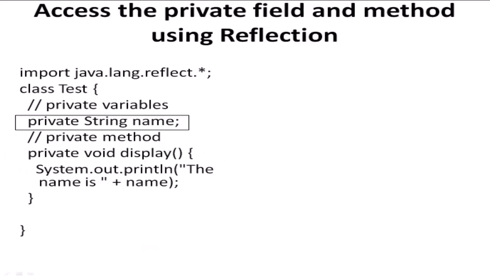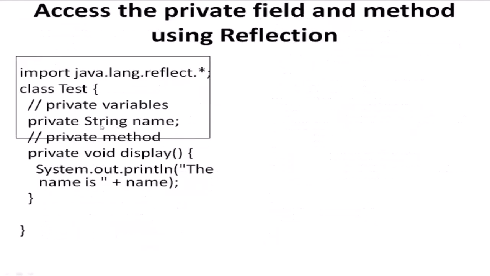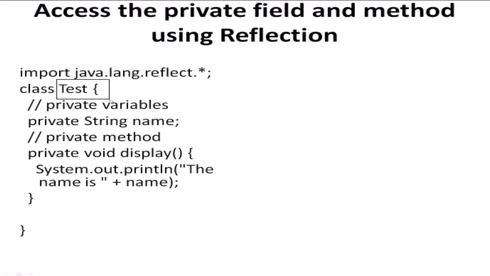Two things we have declared as private: one is a variable and another is a method. Next, whatever we have a doubt about will be kept in a try block. What is the name of the previous class? The previous class name is Test.